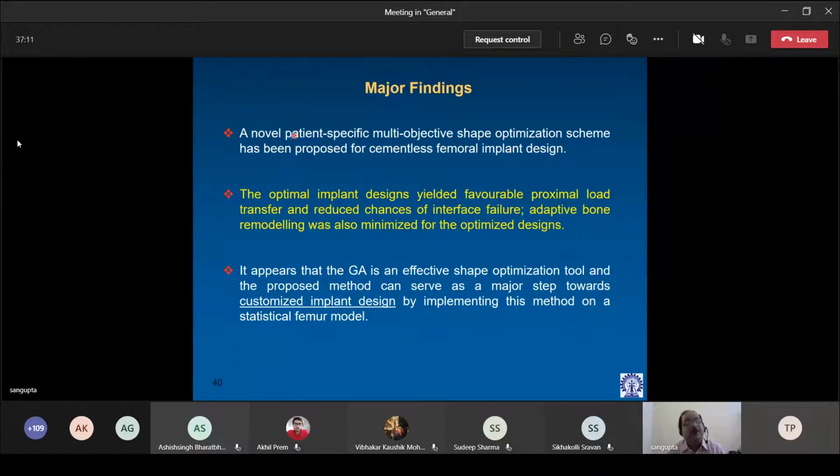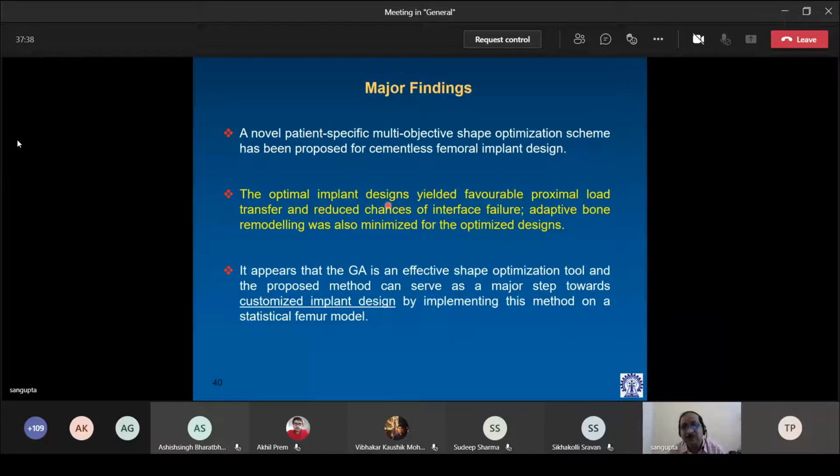So we have come up with a novel patient-specific multi-objective shape optimization scheme for cementless implants, and this scheme can be used for different purposes. For a cemented implant, we can also look into the cement stresses and the thickness of the cement. So we can go on adding different variables that influence failure of the implant.